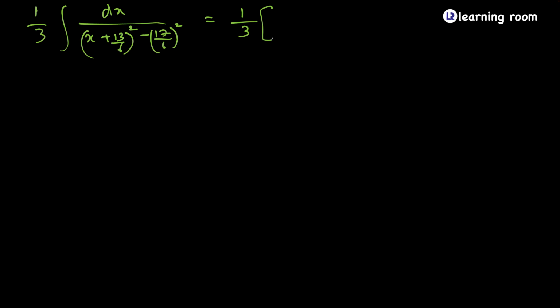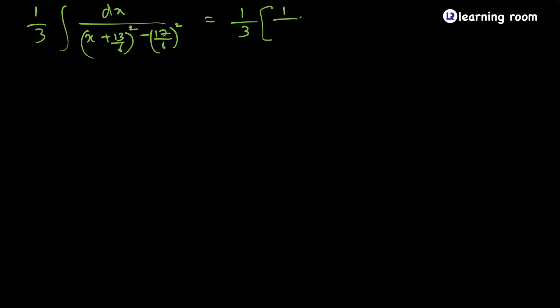So what you will have is 1 by 3 into, I'll write the expression again, dx divided by x plus... I'll finish it, then you can copy. So this is going to be 1 by 3 into, tell me, 1 by 2a.